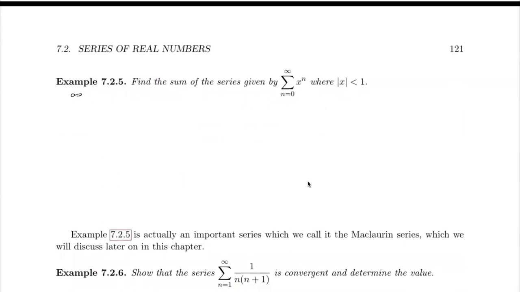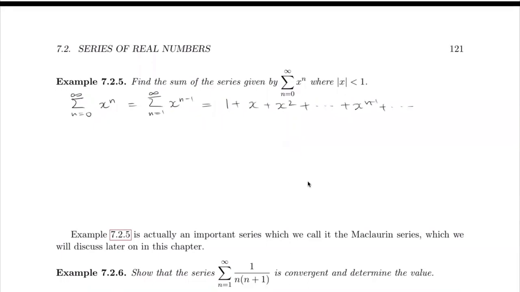We could also write this as the infinite sum, n equals 1, of x to the power n minus 1. Once we write this down, what we get is 1 plus x plus x squared plus so on, x to the n minus 1.